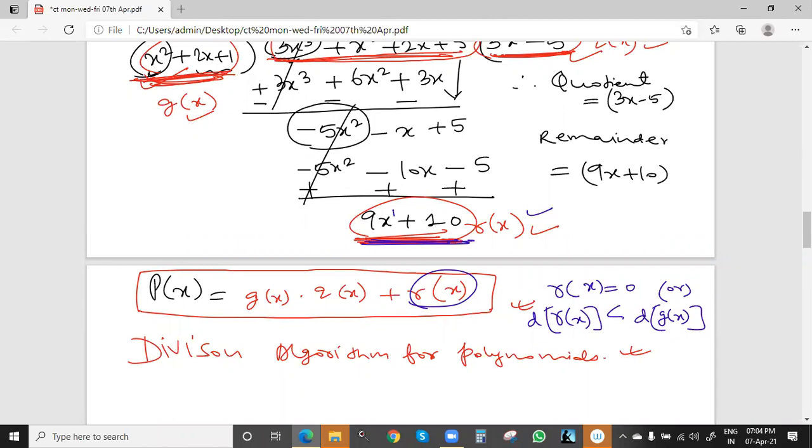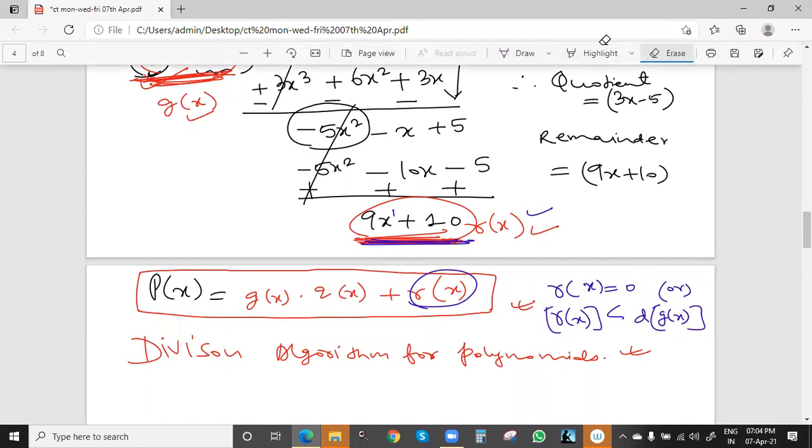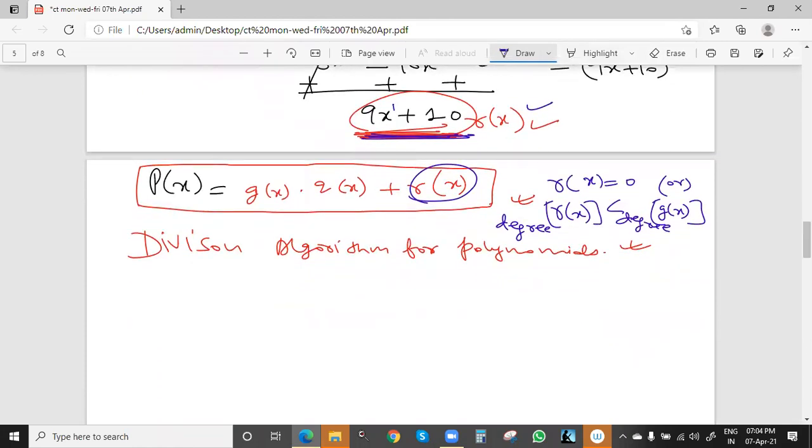If the divisor divides the dividend completely, then the remainder will be 0, or if it is a polynomial, then its degree should be less than that of the divisor g(x). So we can add degree also here, no problem. The degree of r(x) will be less than the degree of g(x), correct.